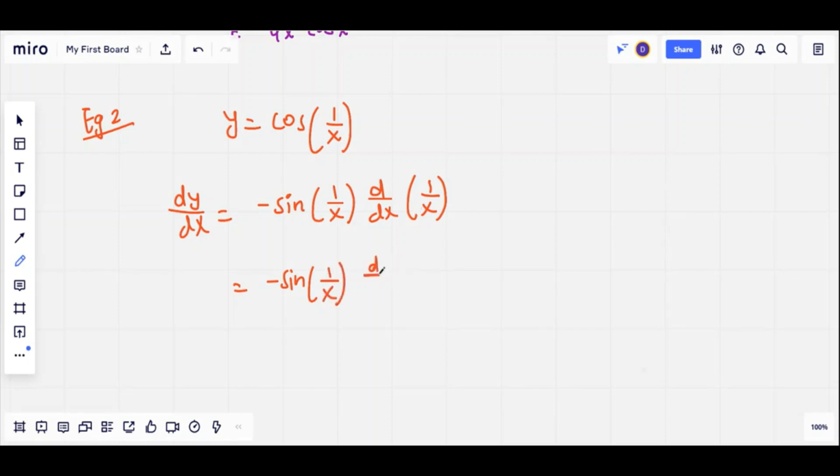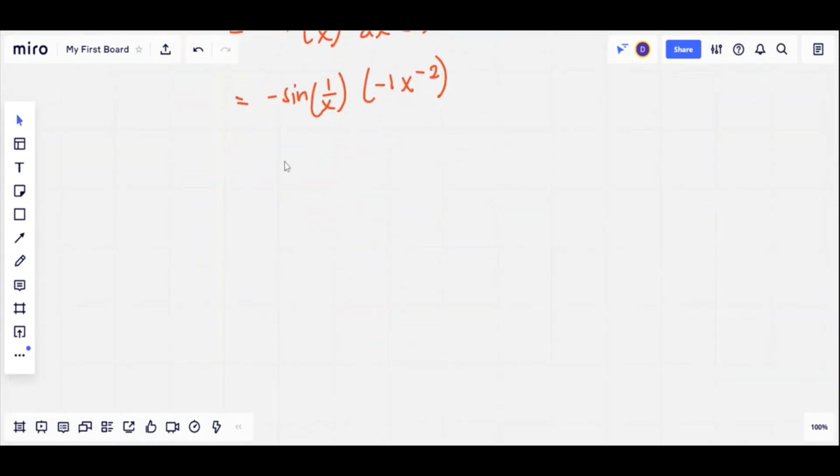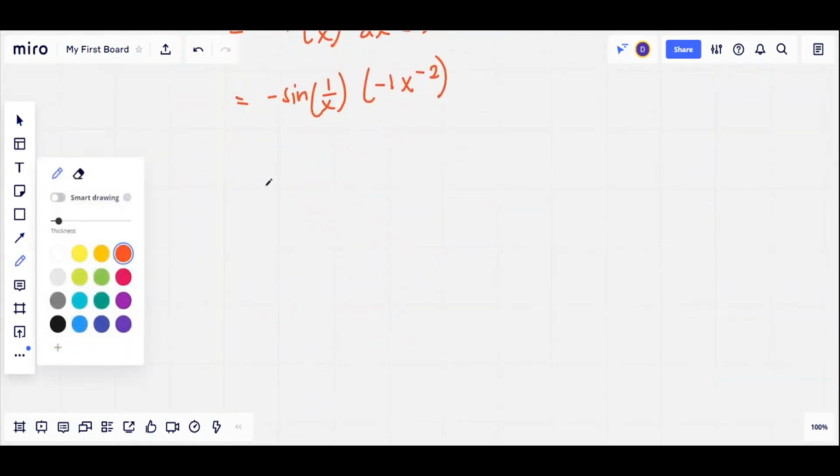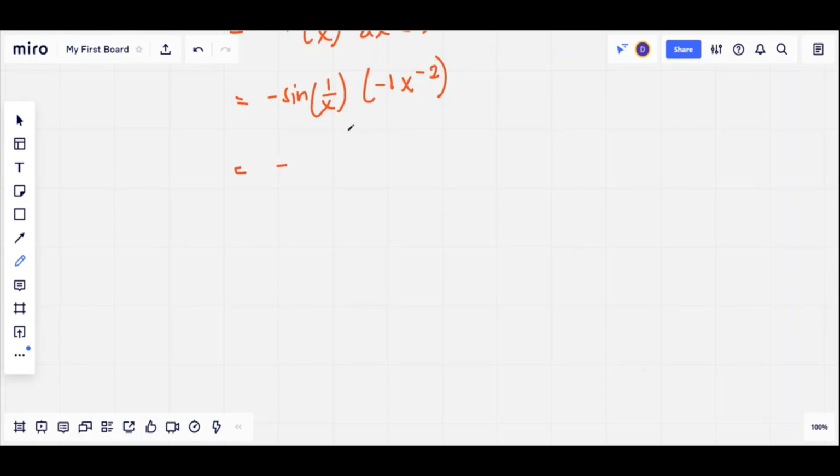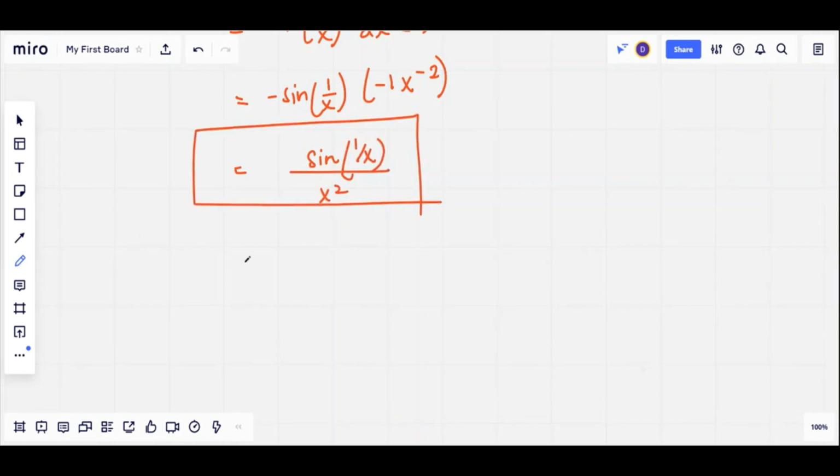The differentiation of 1 over x, written as x raised to the power minus 1, needs the power rule. Minus 1 comes down, and we have x raised to the power minus 2. This finally simplifies, and the negative becomes positive, so we have sine of 1 over x over x squared. This is the final answer.